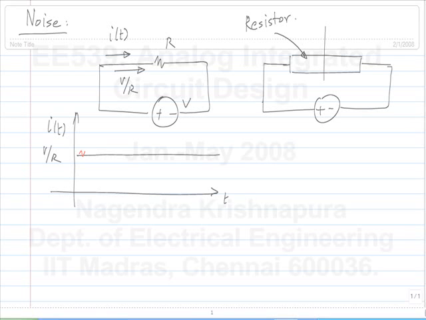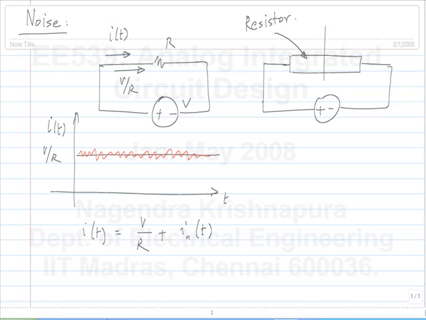Okay, so the waveform may look something like this. This is my depiction of some random signal whose average value is V by R. So the actual current will be V by R plus some noise current that varies with time.